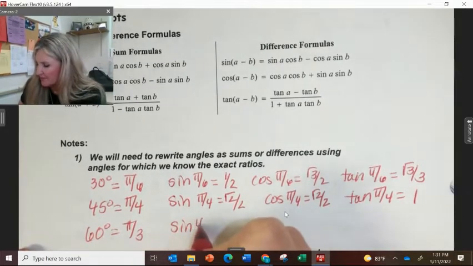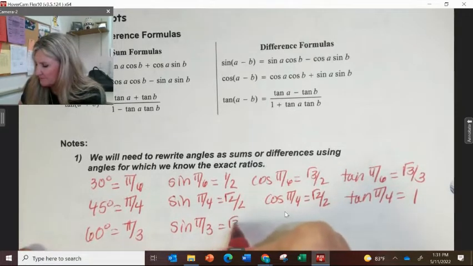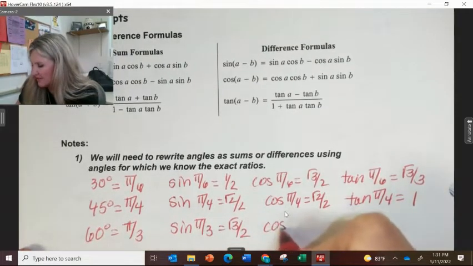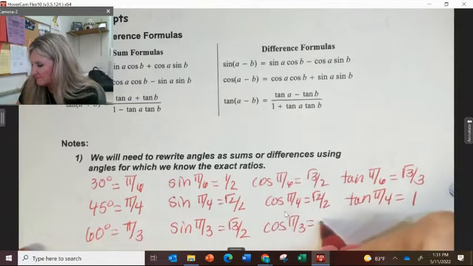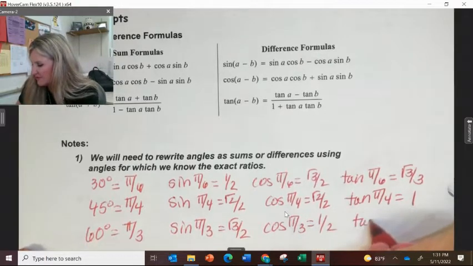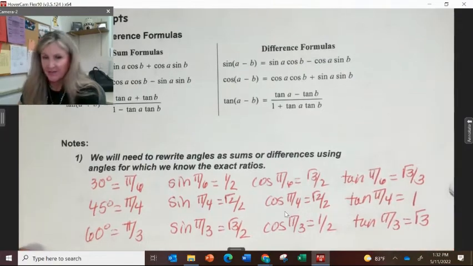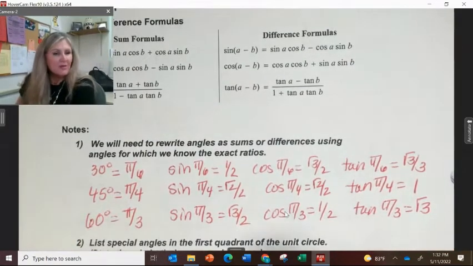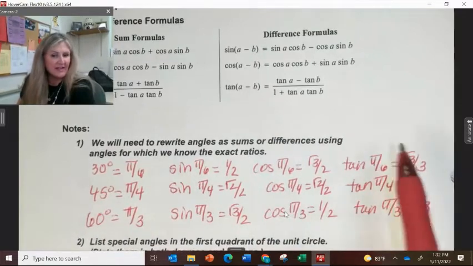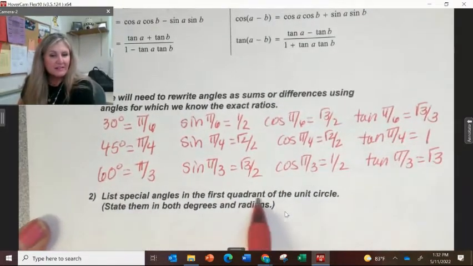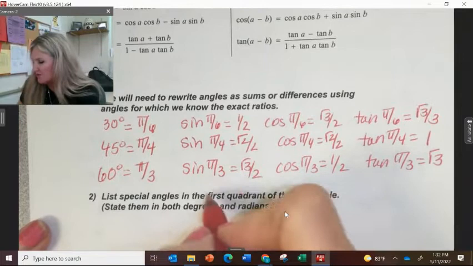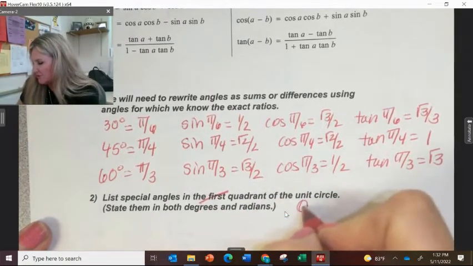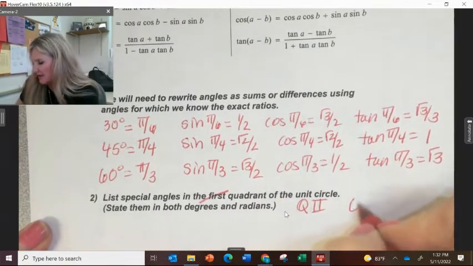What's the sine of pi over 3? What's the cosine of pi over 3? And what is the tangent of pi over 3? Very good. We will be using all of these angles. We already listed the angles in the first quadrant, so let's change this to quadrant 2 and 3.